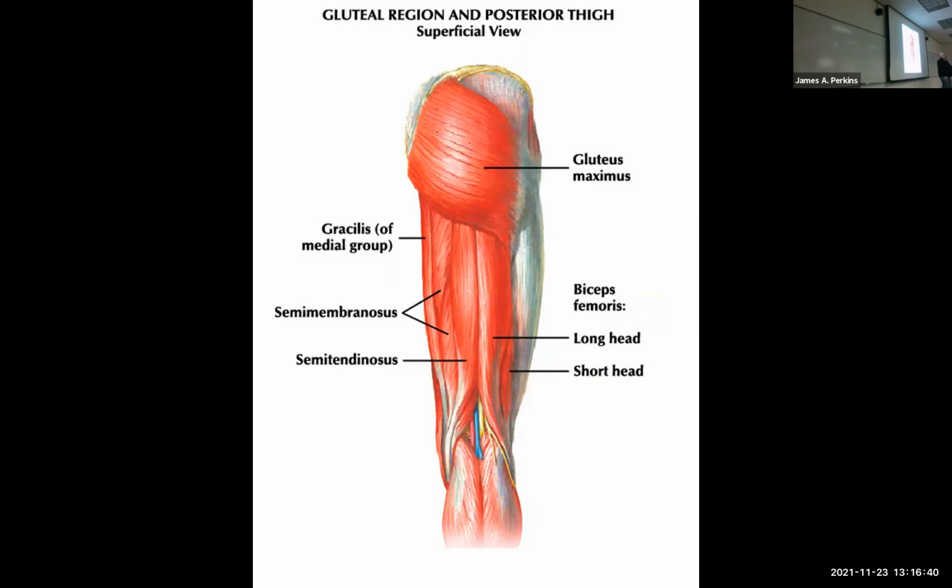But that one portion that goes from ischial tuberosity down to that adductor tubercle is actually innervated by the tibial division of the sciatic. So we call it the hamstring portion of the adductor magnus. It meets all of the criteria. Originates on ischial tuberosity, inserts sort of on the knee, and is innervated by the tibial division of the sciatic.